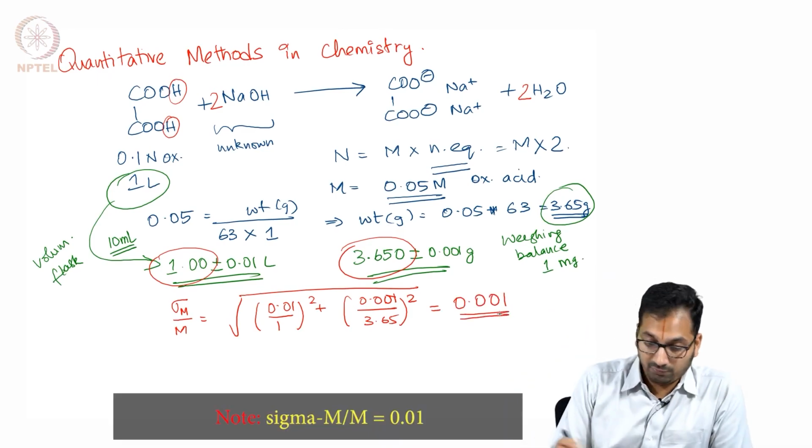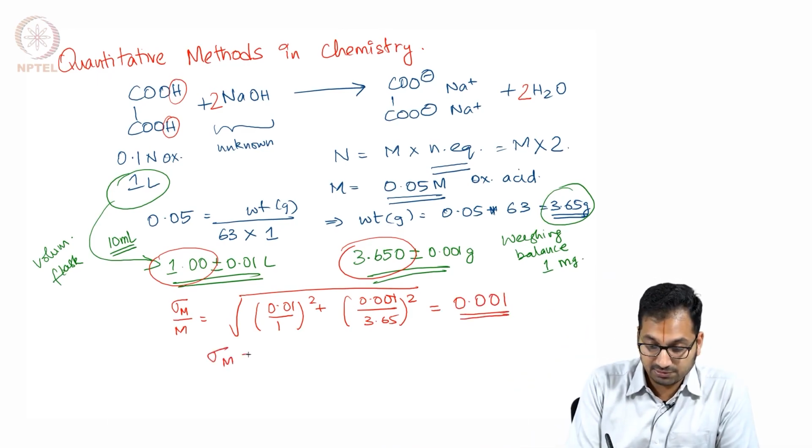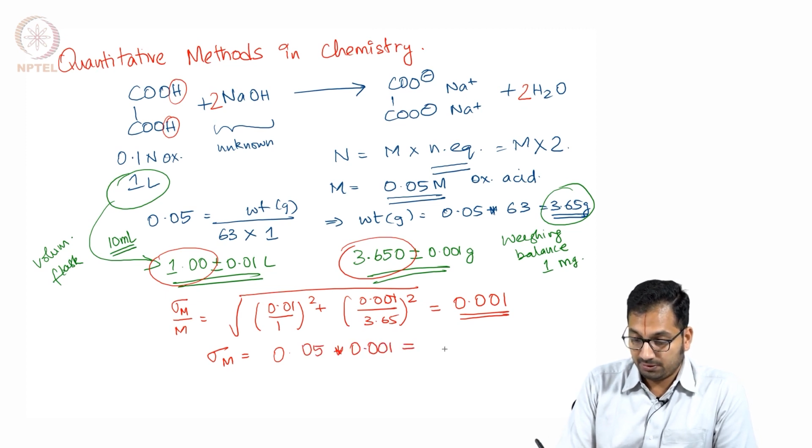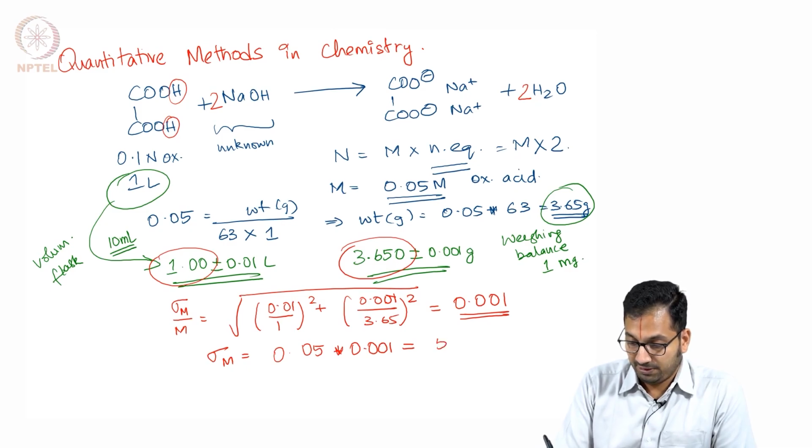This amounts to something like 0.001. Of course, this does not fully translate, so this is going to be equal to 0.05 times 0.001. This will be nothing but 5 into 10 to the power of minus 5.